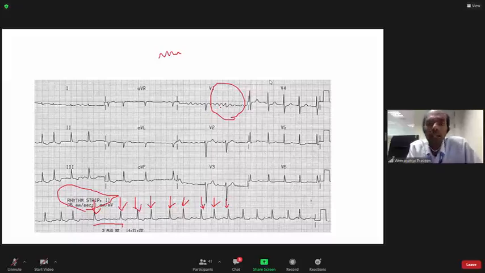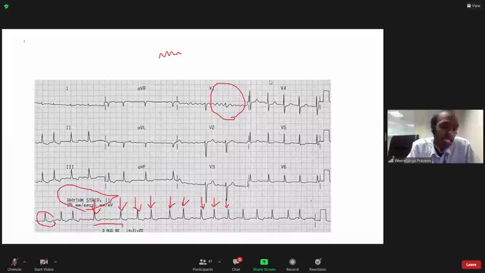Right. The other thing that I want to point out, and this is not essential for you to write at the exam, is that if you look at the ST segment, it is shaped like this, right? It goes like this.